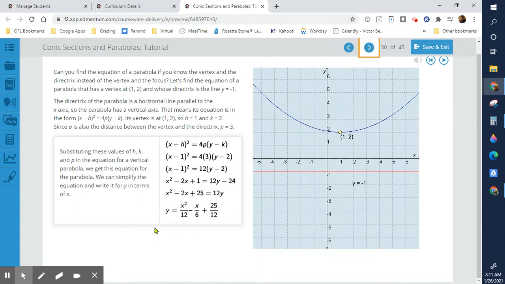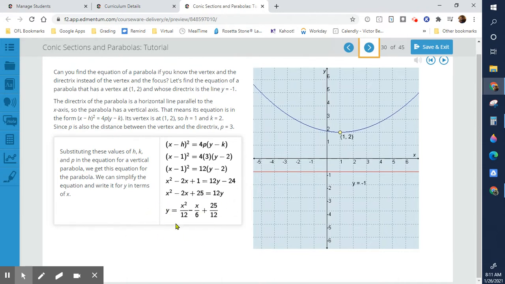I guess standard form's a little more accurate. And if you don't like having fractions, in this case you can multiply this by 12. Doing that lets you get rid of all the denominators. I guess that would be a little off though because of this.